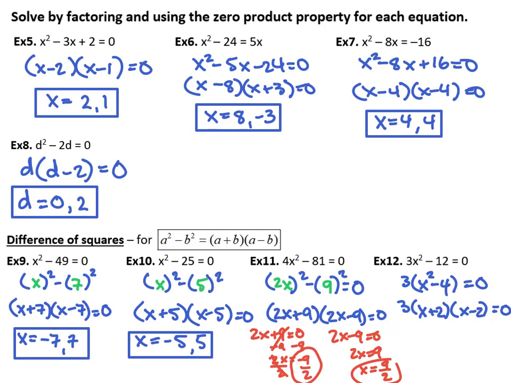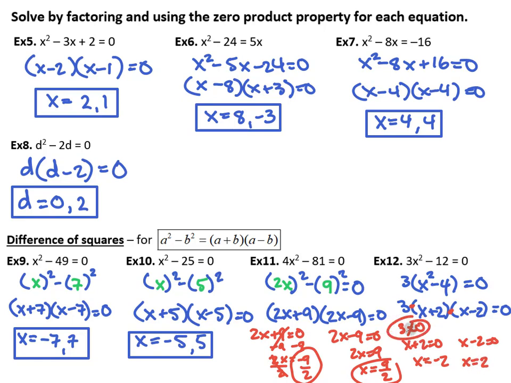Now when we do the zero product property, you could be confused here by that 3 on the outside. We have 3 things being multiplied. And zero product property can actually apply to 36 things being multiplied. Each of those 36 things could be 0. So here we're saying either 3 equals 0, which it doesn't, or x plus 2 equals 0, which gives us a solution of negative 2, or x minus 2 equals 0, which gives us a solution of positive 2.